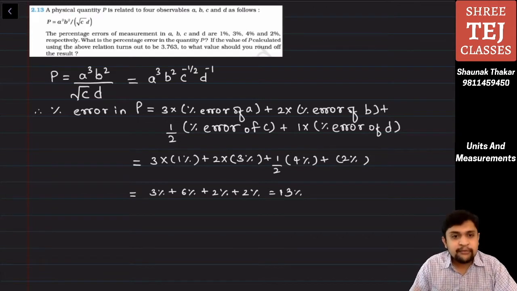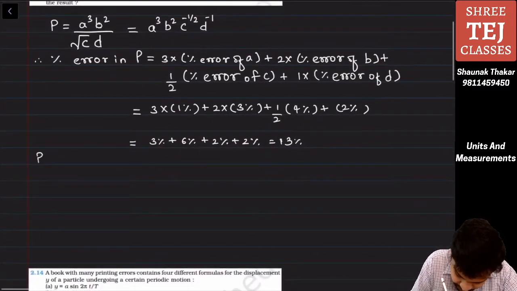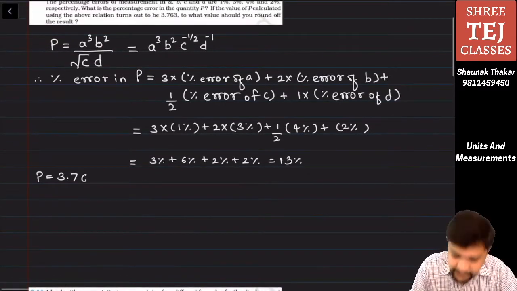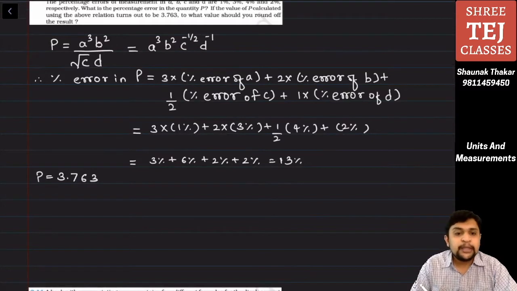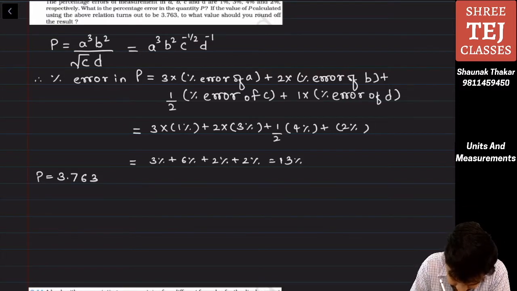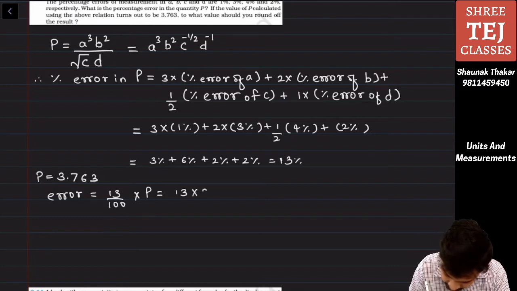What else has been asked? We have to round off value of P, which has been calculated to be P is equal to 3.763. Now first let us find error in P. So error in P will be 13 upon 100 into P. So this will be 13 into 3.763 divided by 100.